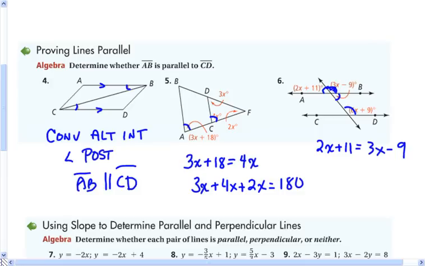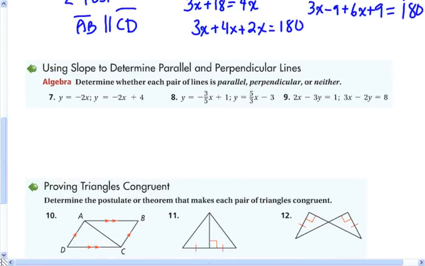We don't have corresponding angles there, but we have same side interior angles there. So it also has to be true for those two lines to be parallel that 3x minus 9 plus 6x plus 9 is 180. If both those are true, then AB would be parallel to CD.